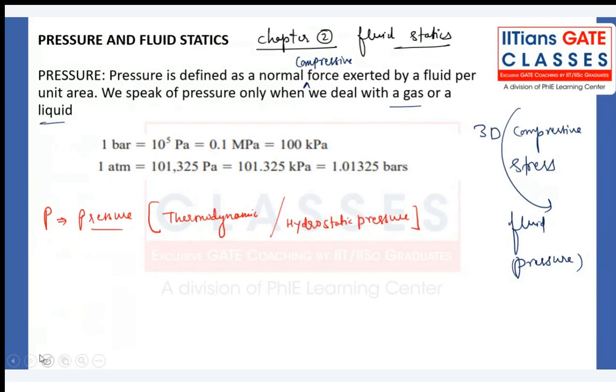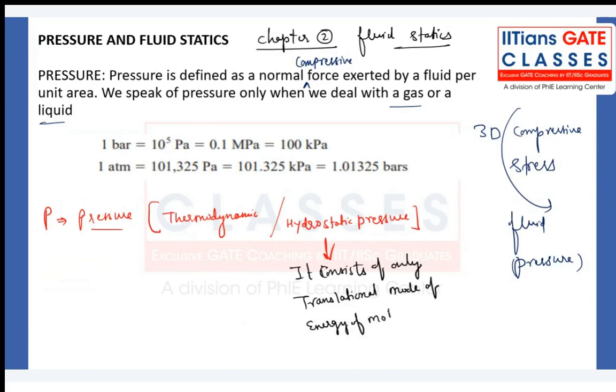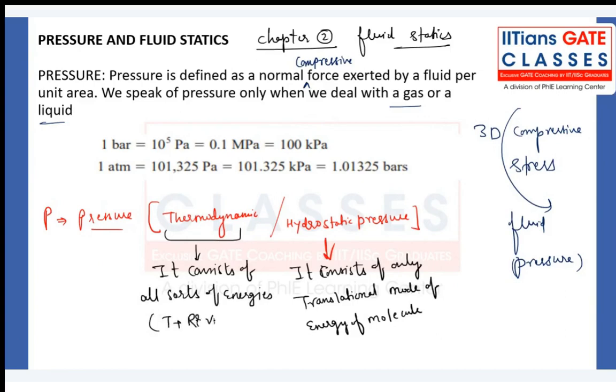Hydrostatic pressure, my dear friend, consists of only the translational mode of energy of molecules, whereas thermodynamic pressure consists of all sorts of energies, whether it is translational, rotational, or vibrational, right?